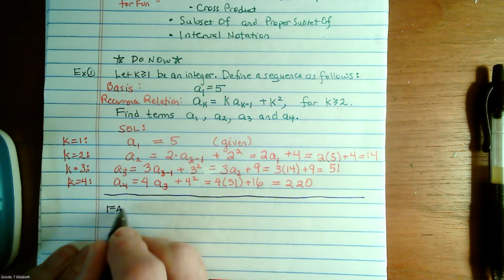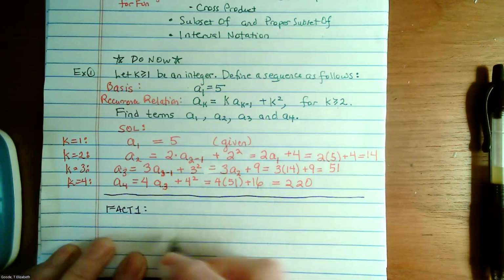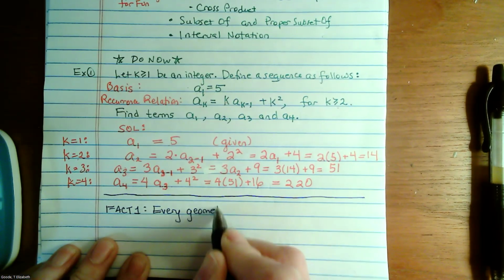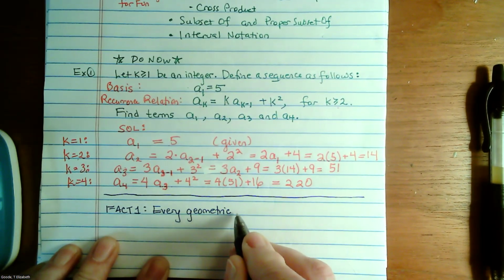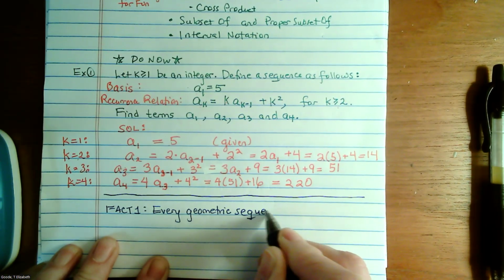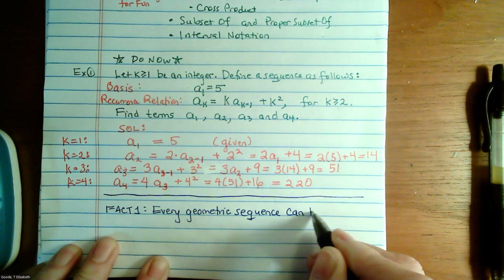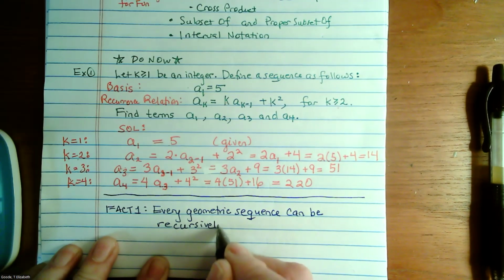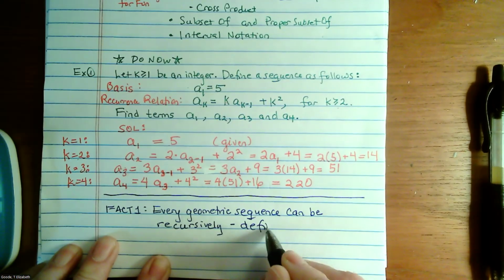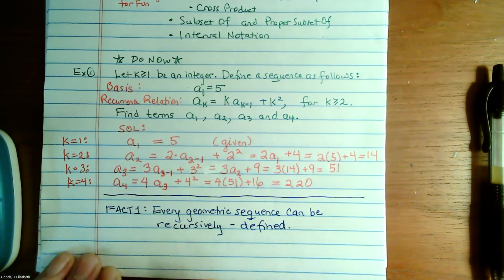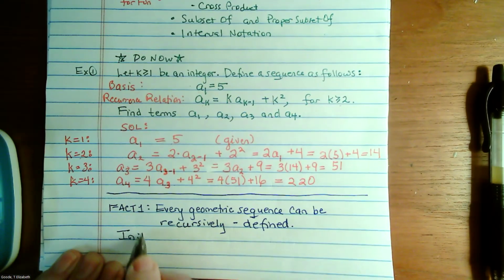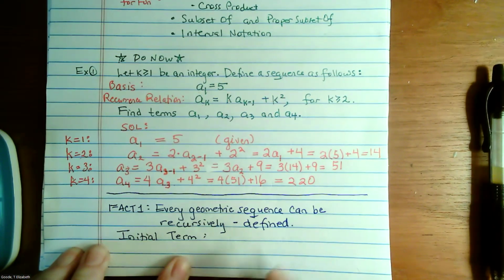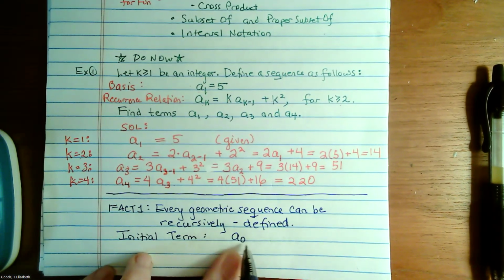Well, here's a fact. Fact number 1 that you will enjoy. Every geometric sequence can be, doesn't have to be, but it can be recursively defined. And why is that? Well, just imagine we're given some initial term, some starting term, that's our basis, but we've called it the initial term. Usually it's subscripted with 0.